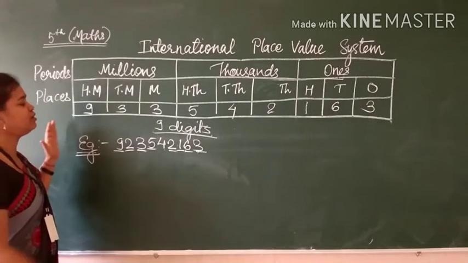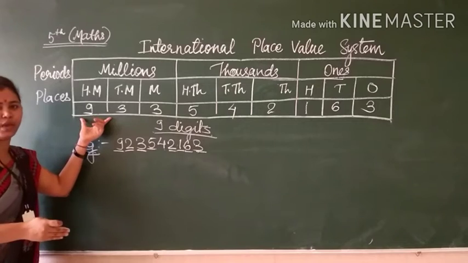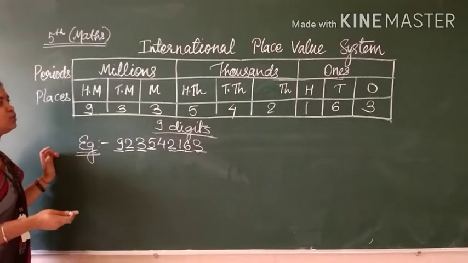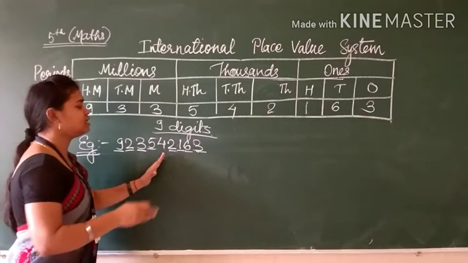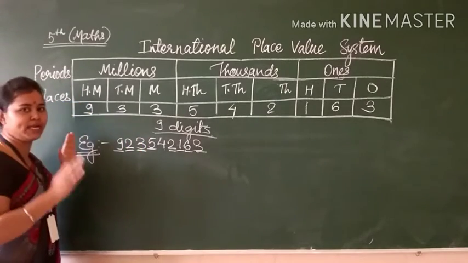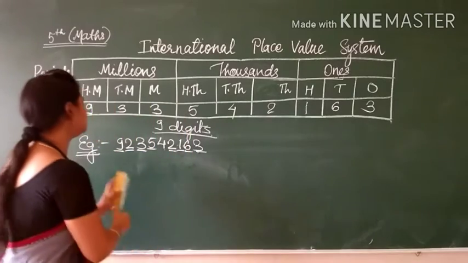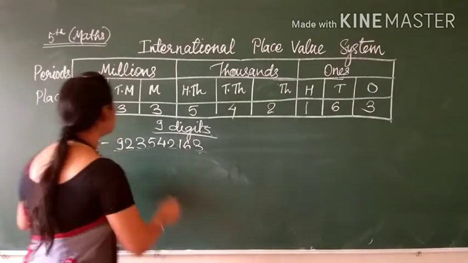This number will be written in the International Place Value chart in this way. And now I am going to tell you how you have to put the commas according to the periods of the International Place Value chart.